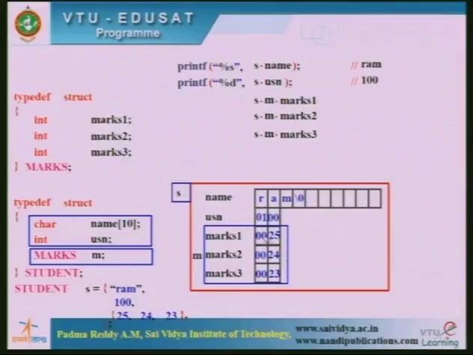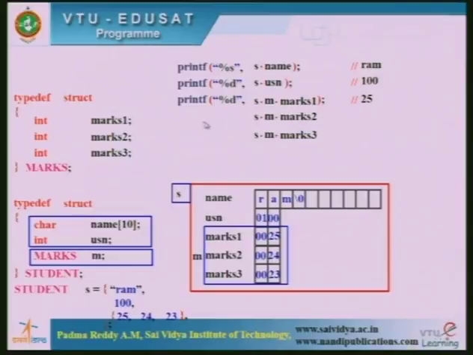Similarly, to get 25, I can write s dot m dot marks 1. This is 25. That 25 has to be displayed. For that, what is the statement to be used? printf. So here, what is the output we get? 25. So using s dot m dot marks 2, I get 24. That 24 I have to display on the screen. So for that, again I can use the printf statement so that we can get 24 as the output.